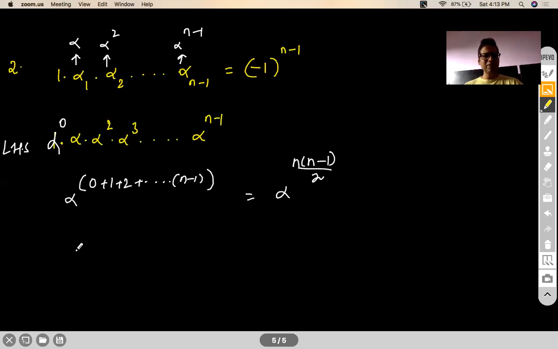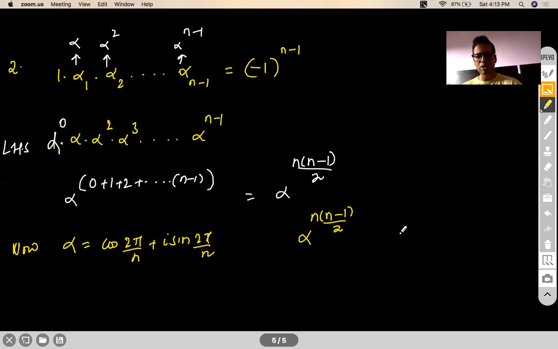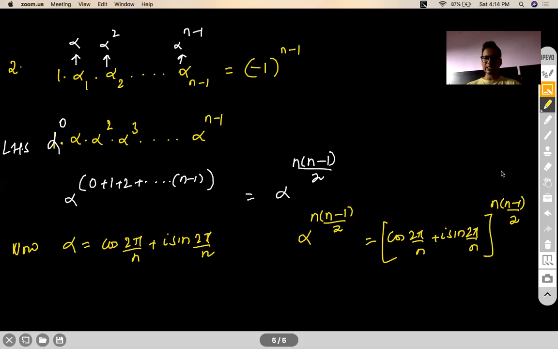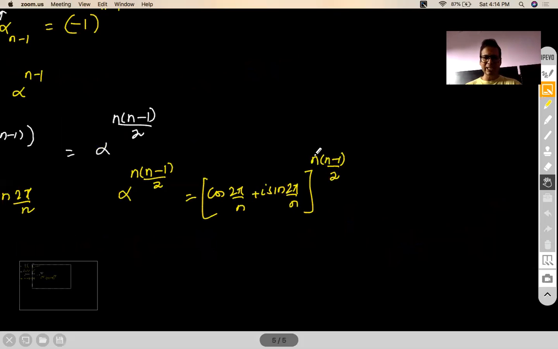Now we know that alpha value is cos 2 pi by n plus i sine 2 pi by n, isn't it? So if I raise this to the power of n into n minus 1 by 2, this will be (cos 2 pi by n plus i sine 2 pi by n) to the power of n into n minus 1 by 2. Let me bring this n by 2 inside.